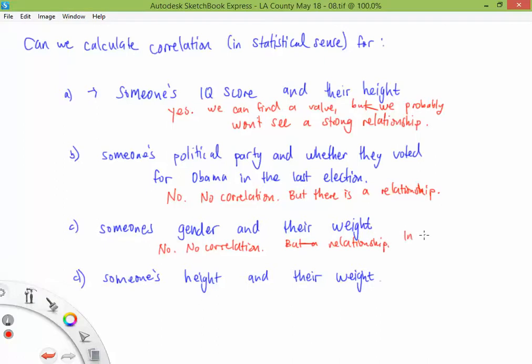In general, men weigh more than women. Of course, any individual may not necessarily fit this general trend, but overall, if we look at all people, this is what we'll see. Someone's height and their weight. Yes. And what kind of relationship will we see?